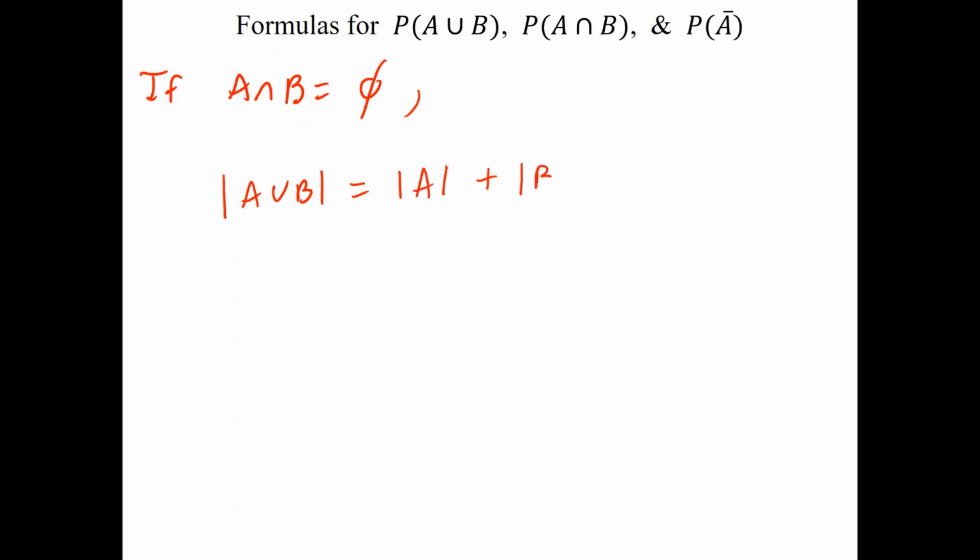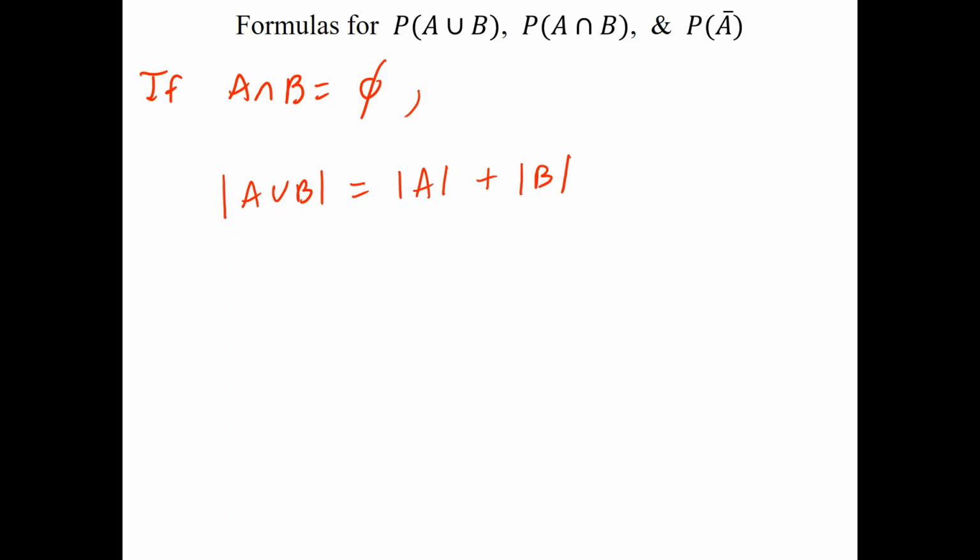So in the situation where the events have no overlap, that means if you form the AND event, if you look at A and B, there's nothing on both lists. So you get an empty list. So in that case, the number of things in A union B is equal to the number of things in A plus the number of things in B. Remember, this is not always true, but it's true if there's no overlap on the lists.